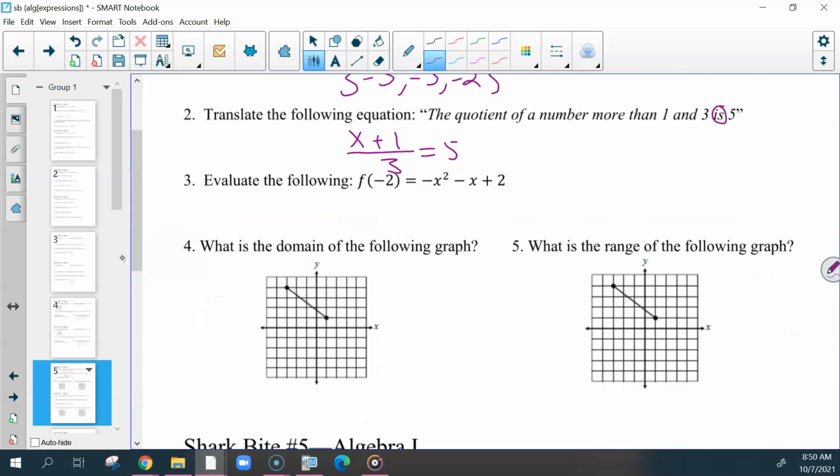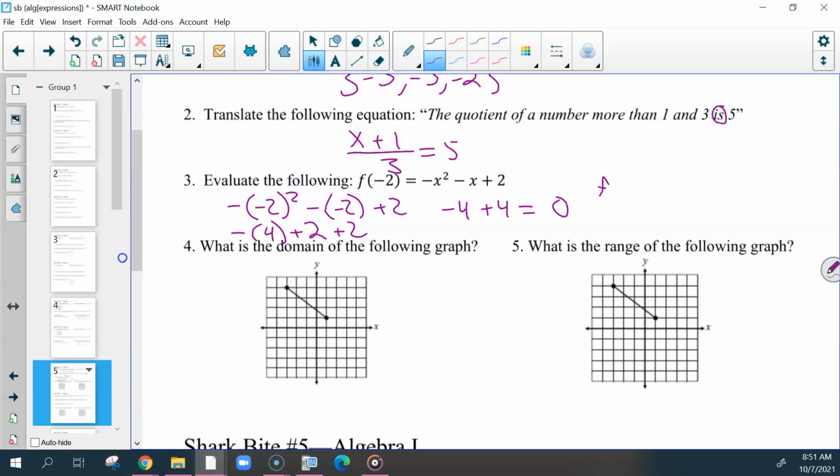For number 3, I'm going to work that one out. We had to put this in for all of our x's. This was our x values, so we had to find our y values. This is already negative outside, this would be a positive 4, this would be a positive 2, and then we're adding 2 again. This would be a negative 4 plus 4, so our answer would be 0.